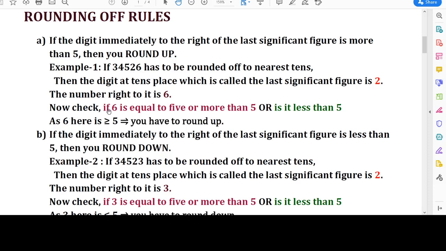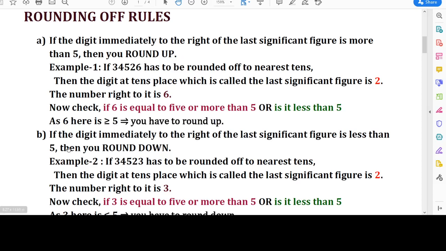Now we check if 6 is equal to 5 or more than 5, or is it less than 5. Here clearly 6 is greater than or equal to 5. It means we round up.